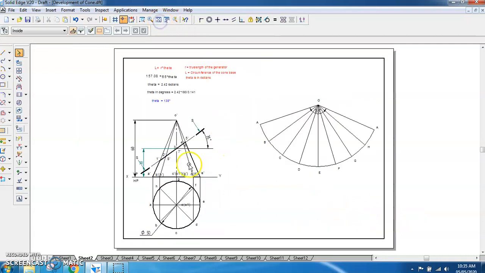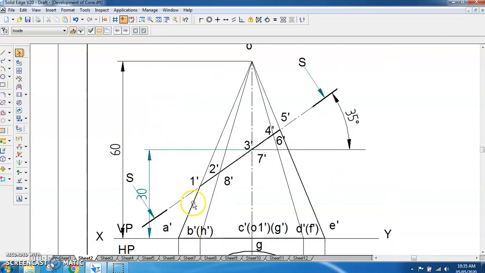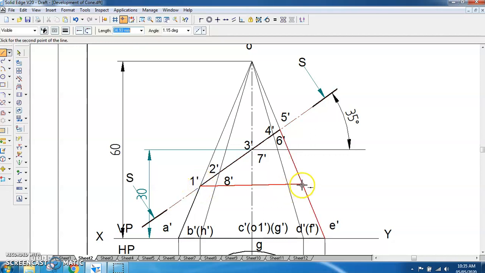To do this, we again follow the same procedure we followed for the pyramid. OE is the true length which we have considered. So again we project this one point from here on this OE, then 2 and 8 on OE, then 3 and 7, then 4 and 6, and 5 here.